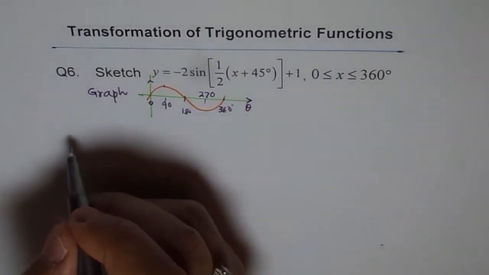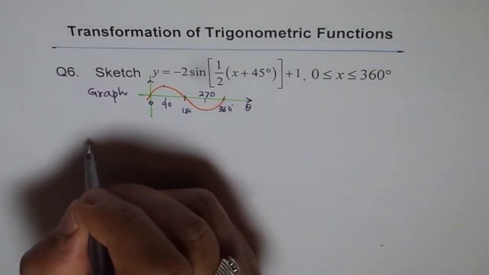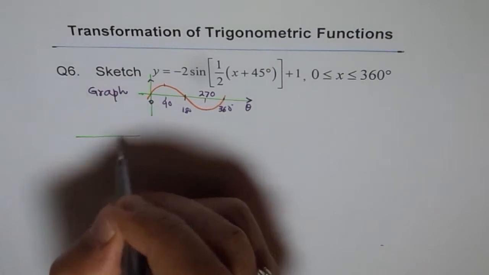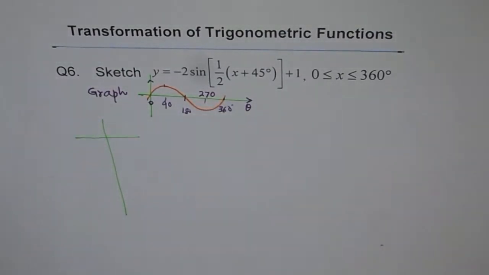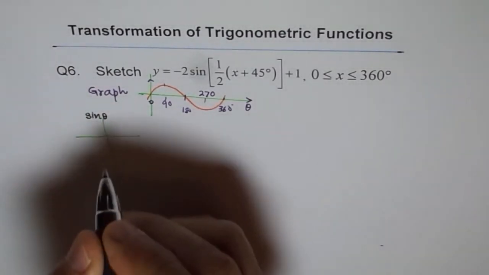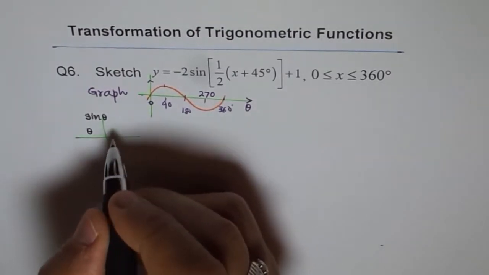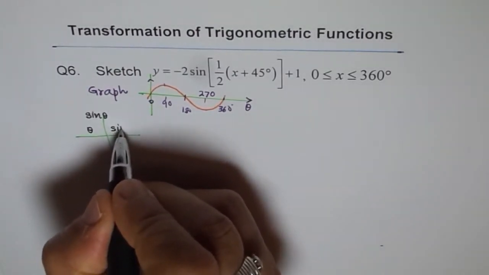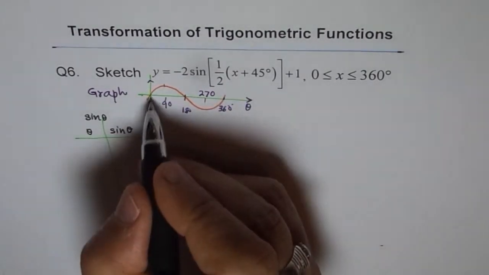So what we will do is use transformation and then graph the function. When you want to transform, first let's see the initial points on sine theta. These are my theta values and this is my sine theta values. We'll start with 0.